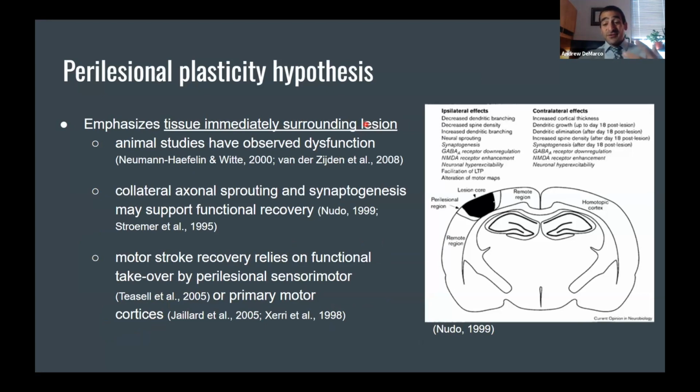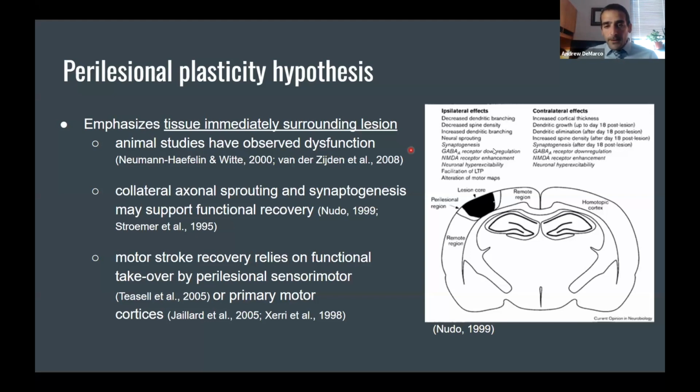And the evidence for this tissue being particularly of interest goes back, again, many decades, where animal studies found that the tissue that is structurally spared around the lesion boundaries shows abnormal function, but also shows cellular changes that might be involved in helping somebody, or in this case, an animal model, recover after the stroke. And these cellular mechanisms are described potentially as collateral axonal sprouting, synaptogenesis.